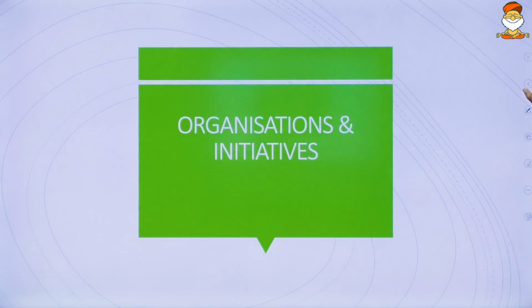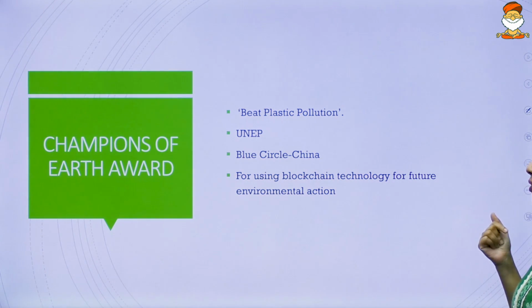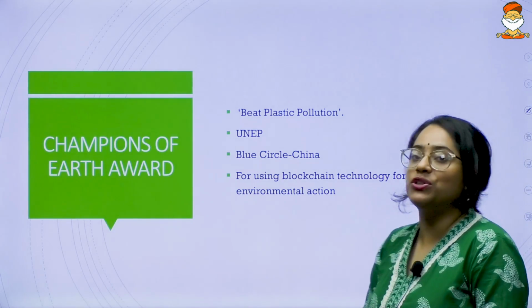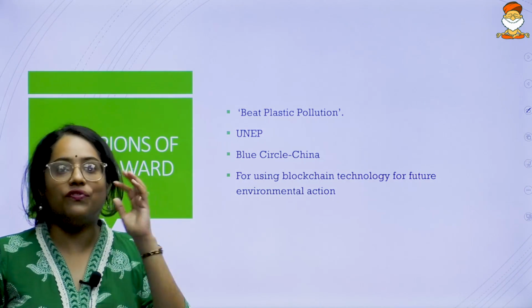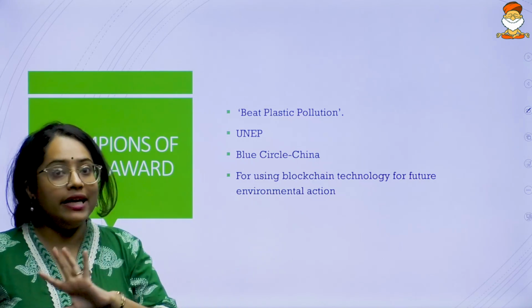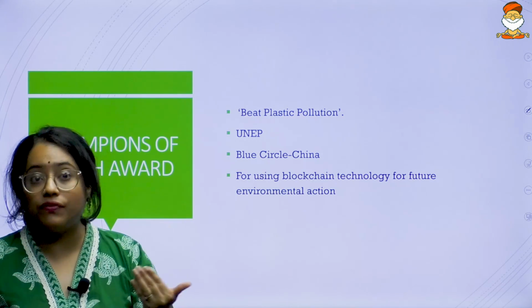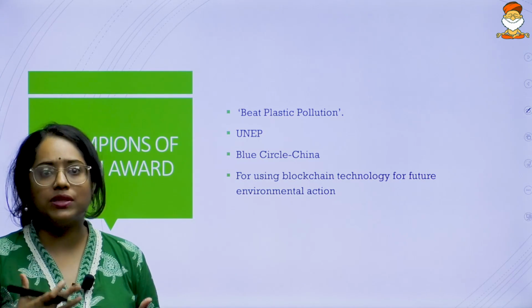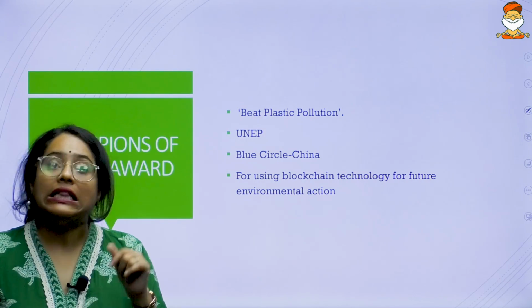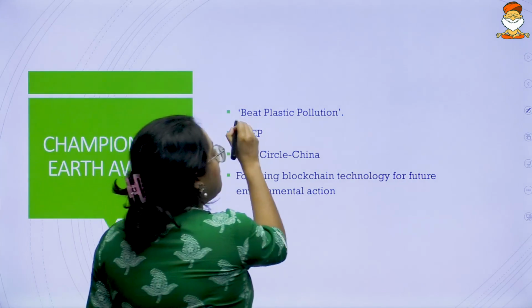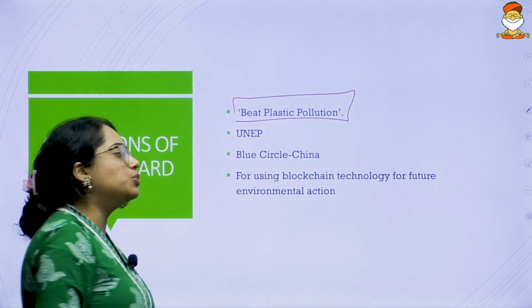As we go into the organizations and initiatives, the first thing I want to discuss with you is the Champions of the Earth award. Every year, the discussion of it is important. This year India has not had any award given from this perspective. The Champions of the Earth award is given by UNEP. This year's theme was Beat Plastic Pollution.